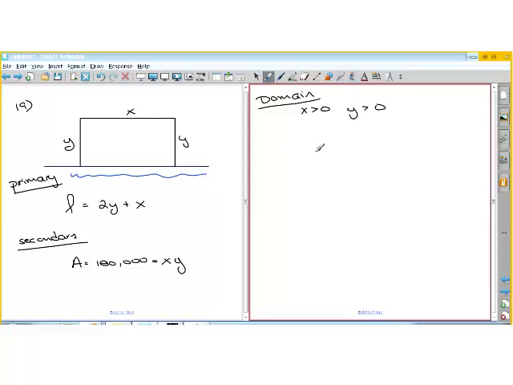Okay, so now we're going to use the secondary equation so that we can rewrite the primary equation in terms of one variable. So we'll take the secondary equation and solve for one of them. It doesn't matter which one we solve for. So I've solved for x by dividing by y. Then we substitute into the primary equation.